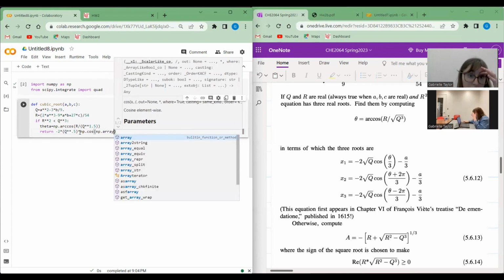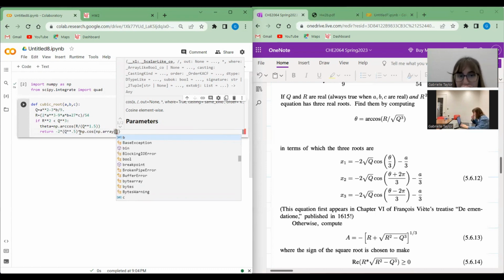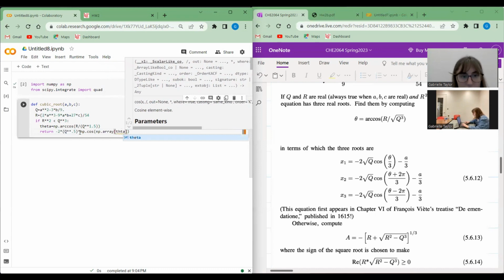And now let's do np dot array, and we want it to go like this. Then we're going to put our first one in, which is just theta divided by 3. Our next one is going to be theta plus 2 times np dot pi divided by 3 as well.